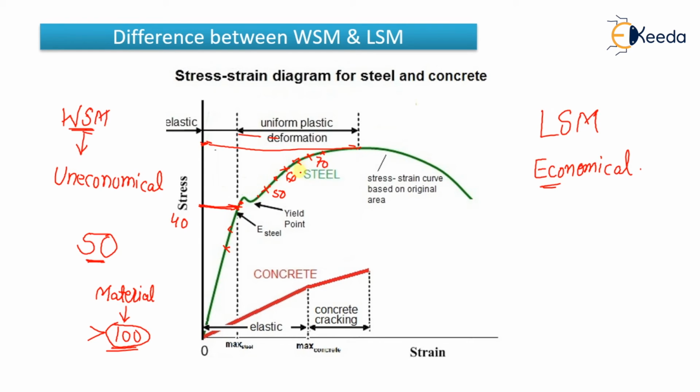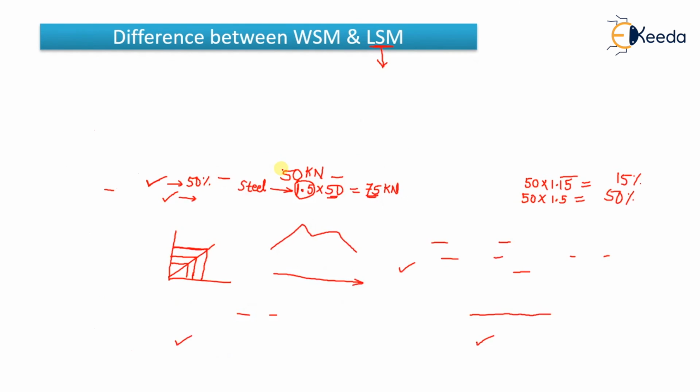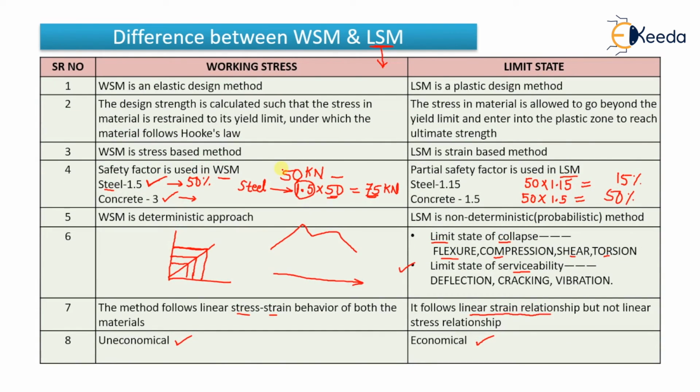Its actual capacity is never known because you are not allowing it to go beyond this yield point. But in case of the limit state method, actual capacity can be known, even if it is non-deterministic, because you will allow it to reach its ultimate strength. So that is one more point you can compare.